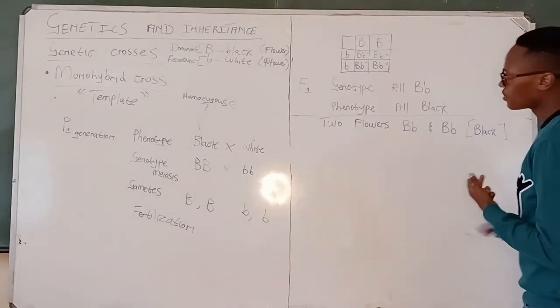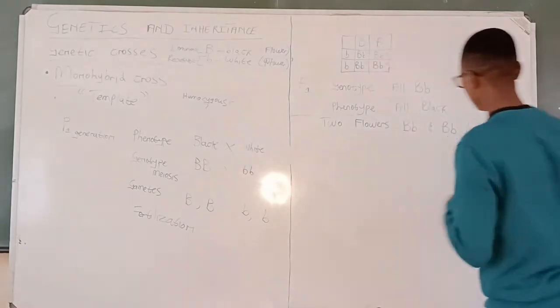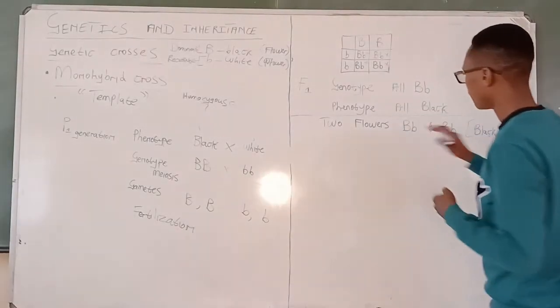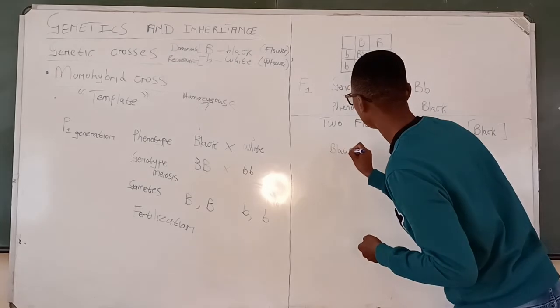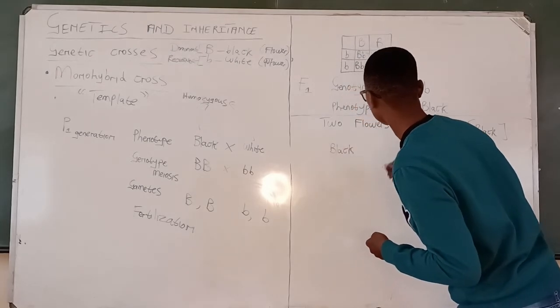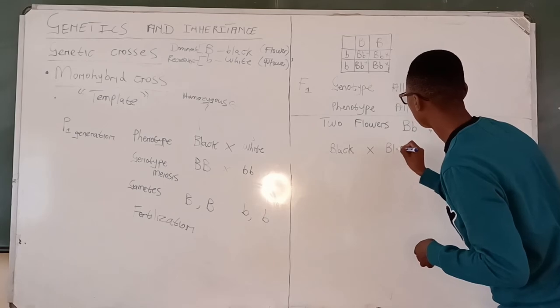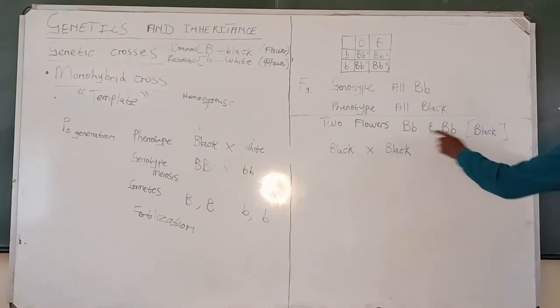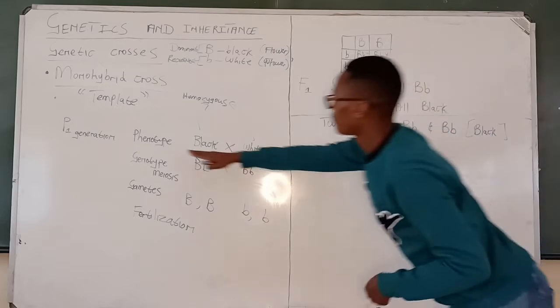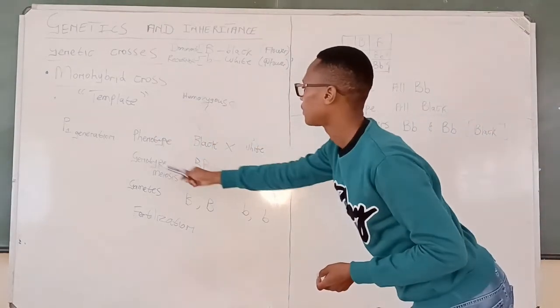So first of all, I'm going to start with the phenotype of the first generation. The phenotype is going to be black. A black parent flower is crossed with another black flower, because they are black. This is the phenotype. I'm here in this step. Now I'm here in the genotype.